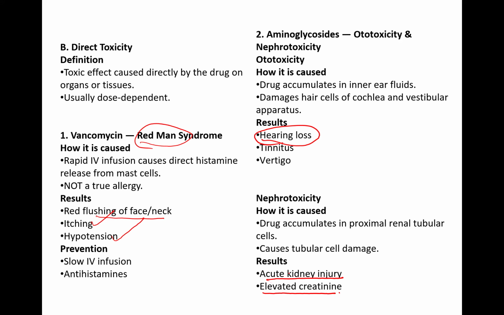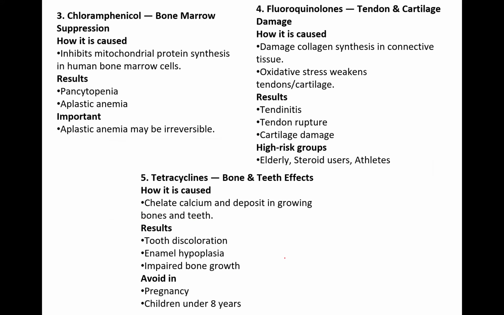Next is chloramphenicol-induced gray baby syndrome, and bone marrow suppression is also there. It is because they can inhibit mitochondrial protein synthesis in human bone marrow cells and result in pancytopenia and aplastic anemia.